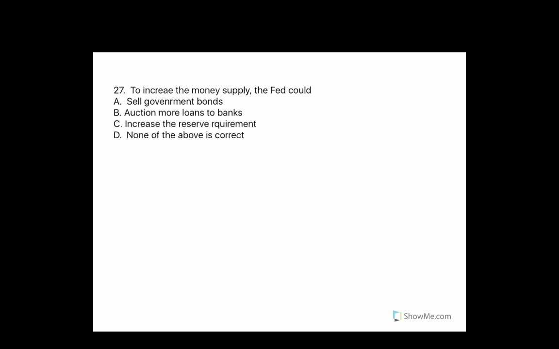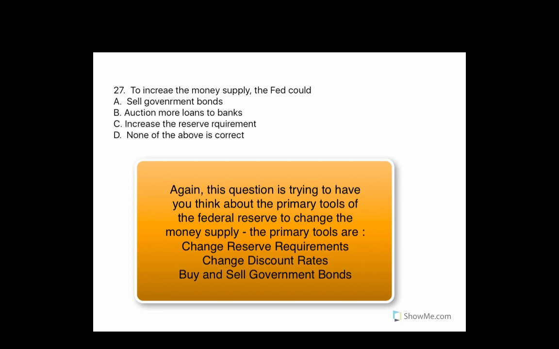Okay, so to increase the money supply, selling government bonds is not going to do that, because if they sell government bonds, that's going to decrease the money supply because they give out bonds and take back money in exchange. Increasing the reserve requirement also isn't the right answer, because increasing the reserve requirement will make banks hold more money in reserves, which will decrease that money multiplier effect that we talked about before.